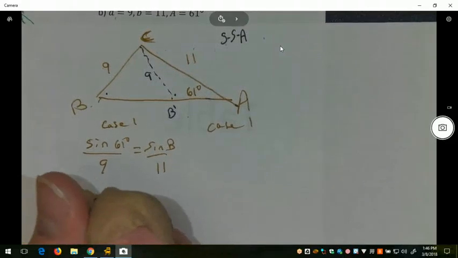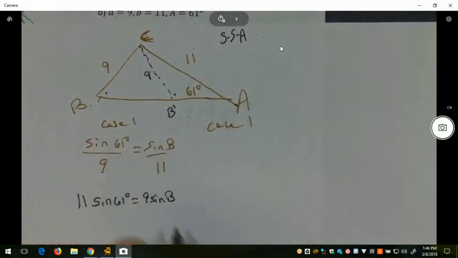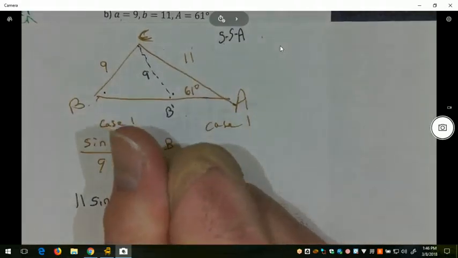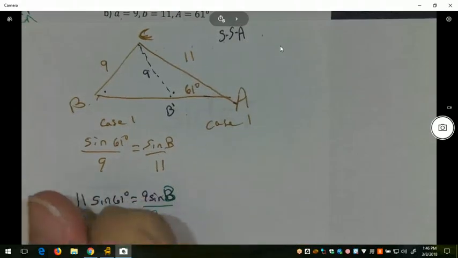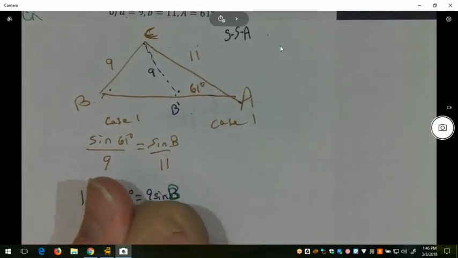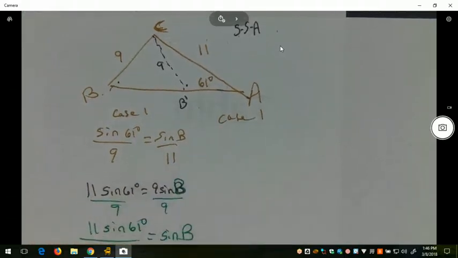When I cross multiply, I have 11 times the sine of 61 degrees equals 9 times the sine of B. Well, that's great, except we're trying to find the measure of angle B, so we need to get that by itself first by dividing by 9. So 11 sine of 61 degrees divided by 9 equals the sine of angle B.